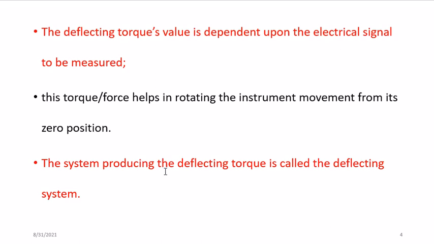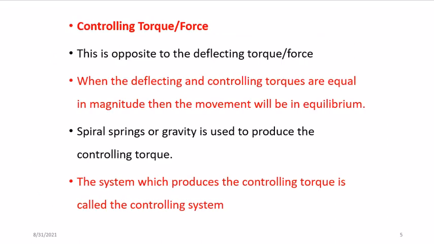The system that is responsible for producing this deflecting torque, we call the deflecting system. This system captures the signal using a sensor, and the magnitude of that signal creates the deflecting torque in such a way that the pointer can move from the 0 point to a particular point.